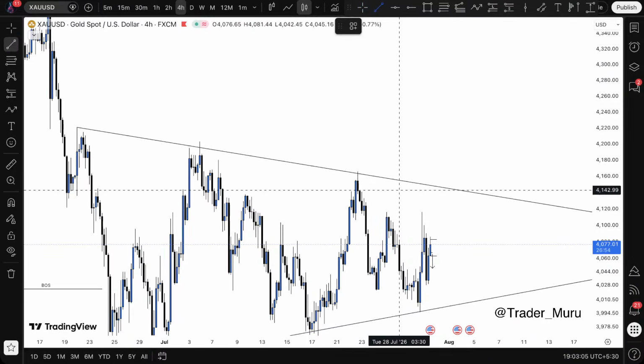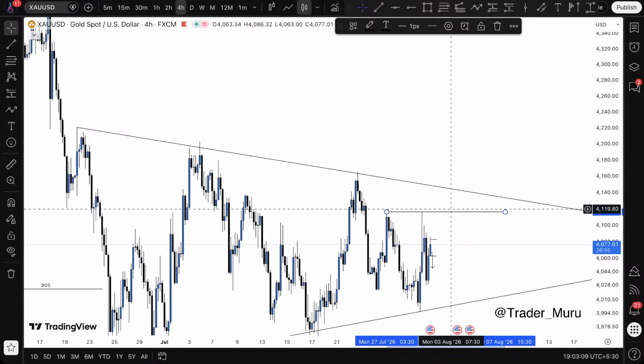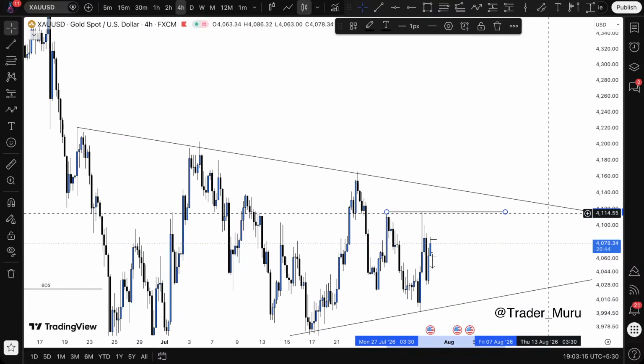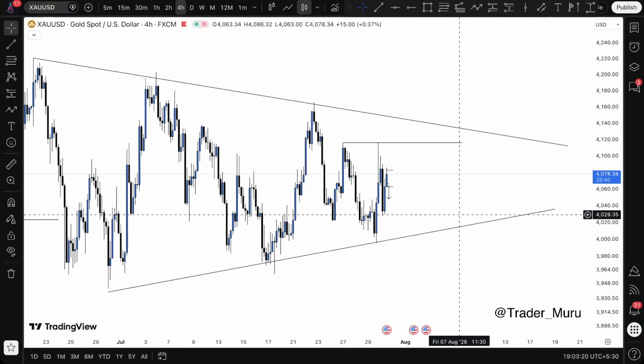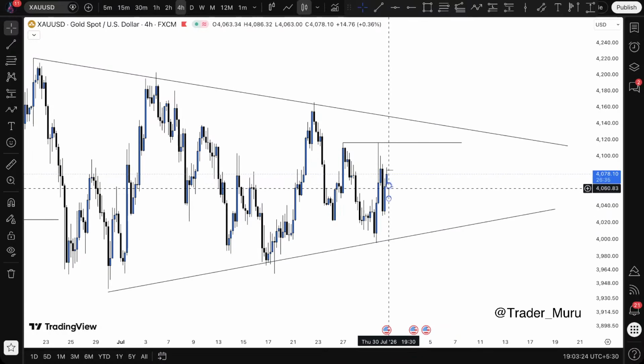Your confirmation will be a sweep of this high, test of this trend line, close below again. You can short for the target of this low, 4015, then again pump, continuation. But most probably we are likely to see a drop from this area.